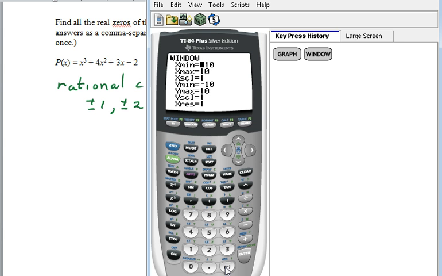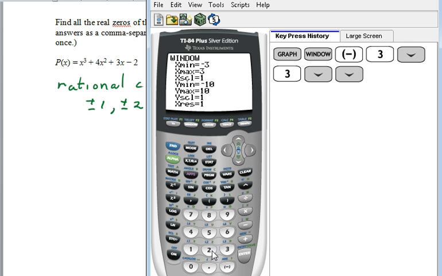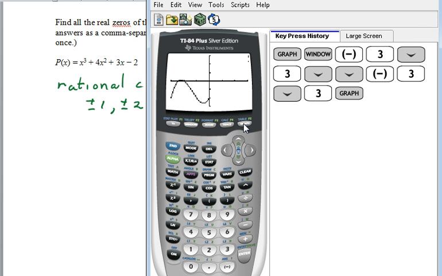Let's use maybe -3 to 3 and -3 to 3. So -3 to 3 for both the x and y axes. I'm still wondering what is happening over on the negative x-axis.